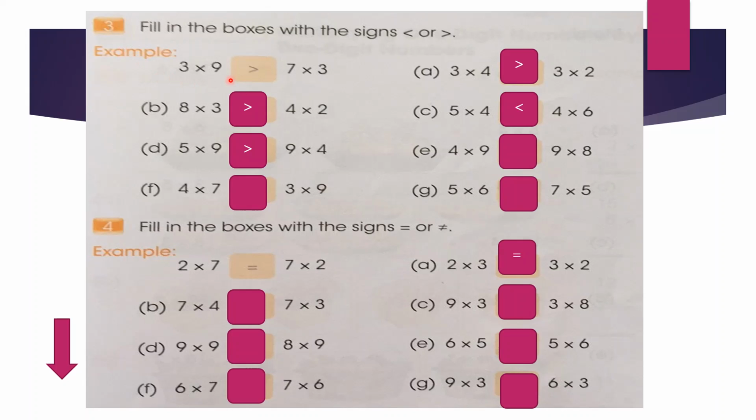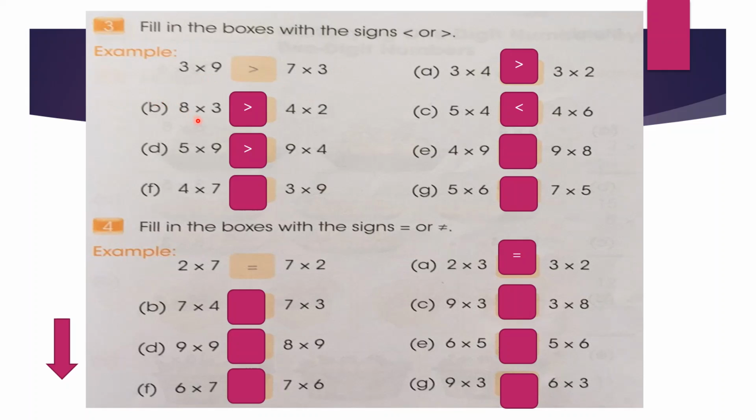3 times 9, okay, is greater than 7 times 3. Why? Because 3 times 9 is 27. And then 7 times 3 is 21. So 27 is greater than 21. So we have here the A. 3 times 4 is greater than 3 times 2.